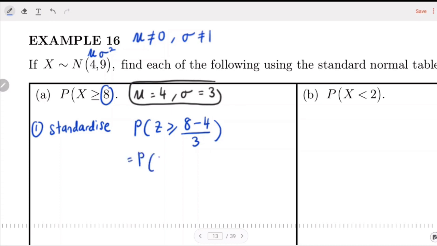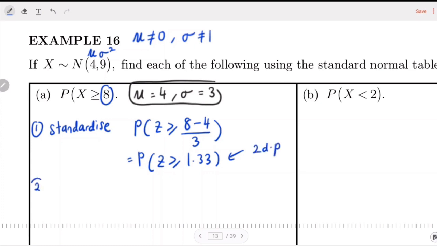Give your answer in 2 decimal places, because we can only look at the standard normal table up to 2 decimal places. So it will be 1.33.